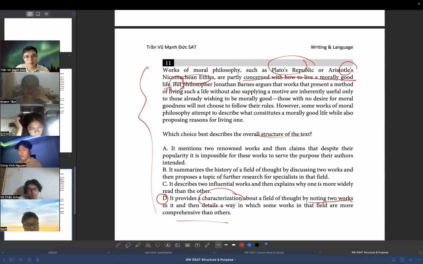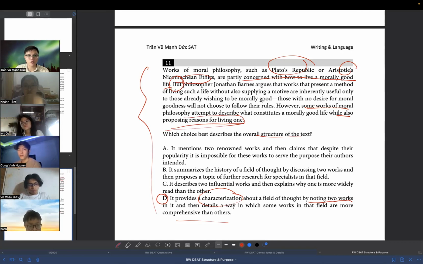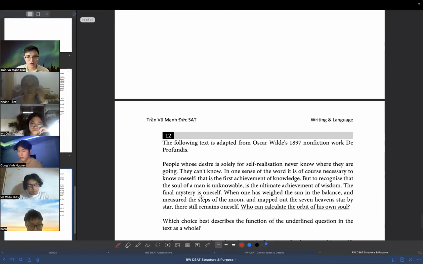But philosopher Jonathan Barnes argued that works that present a method of living apply only to those already wishing to be morally good. Those with no desire for moral goodness will not choose to follow their rules. However, some works also propose a reason for living that way. So this one is providing additional information other than what has already been provided earlier, so it is more comprehensive than others. More comprehensive means it provides more information. So D is correct. All right, good. 12, who?